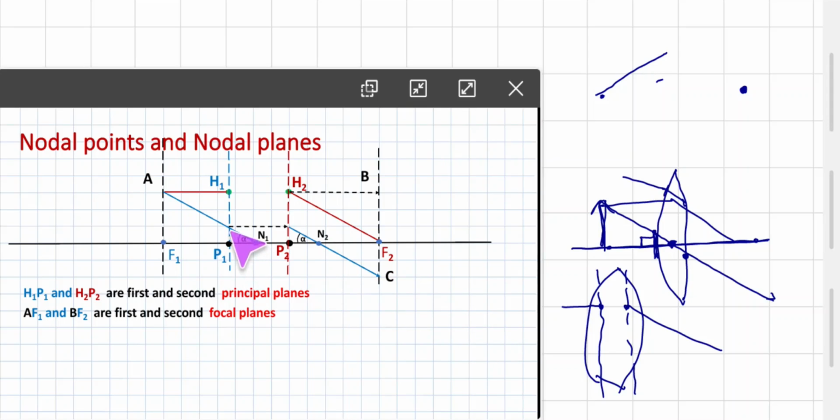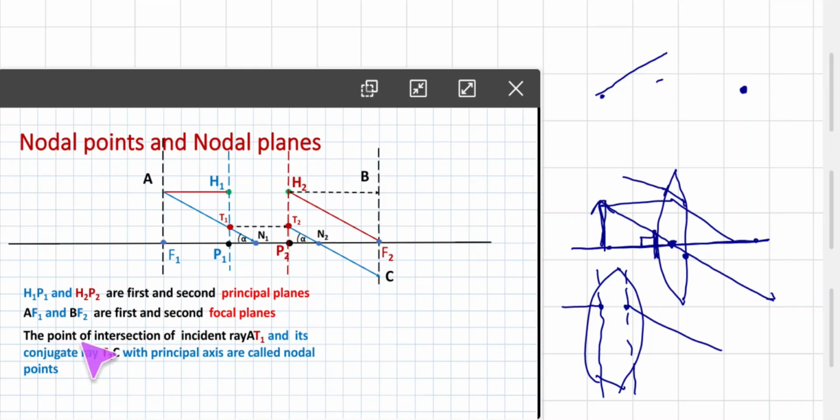So now these are the points where the ray A, let us consider this is N1, cuts the principal plane, and that is this point. Similarly, this is a point such that the distance P1 to this point and the distance P2 to this point are the same, and these points are nothing but T1 and T2.